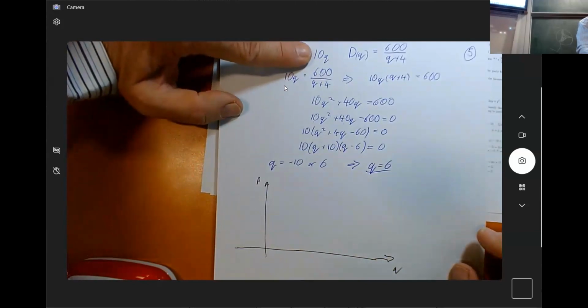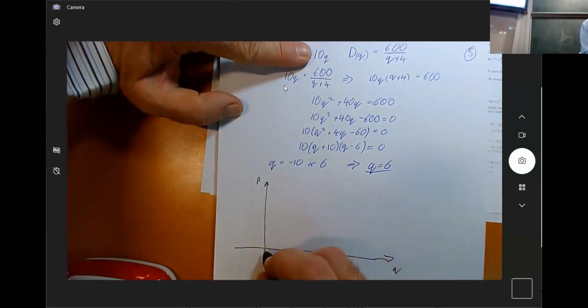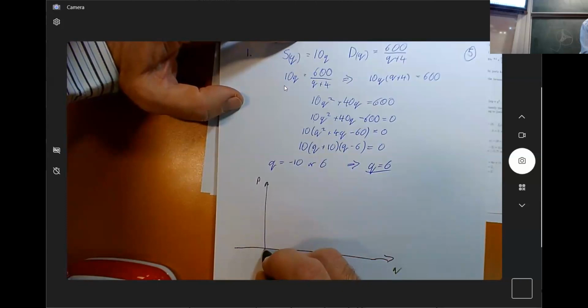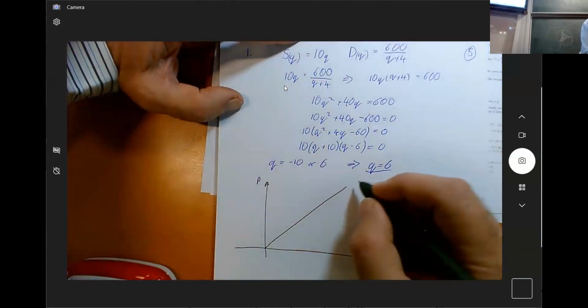And so when I look at my supply curve, 10Q, that's my supply curve.